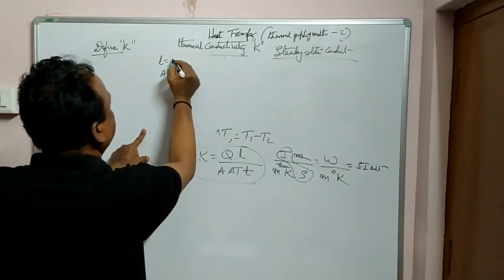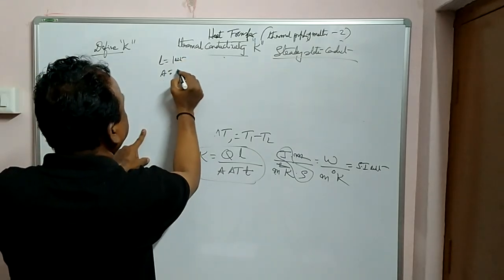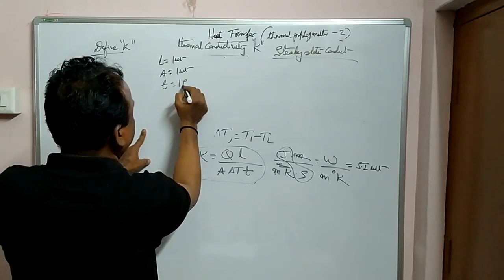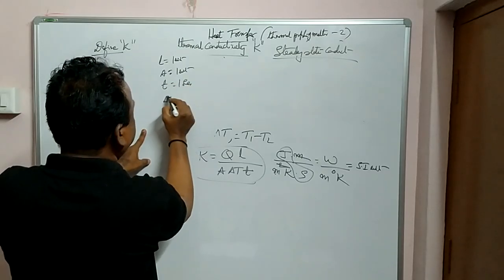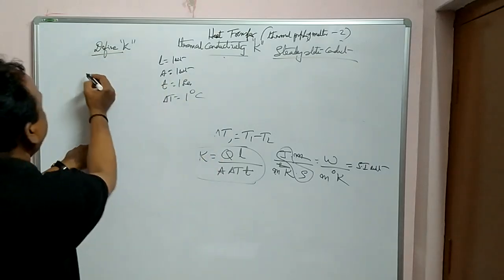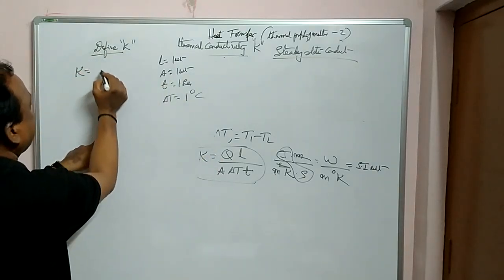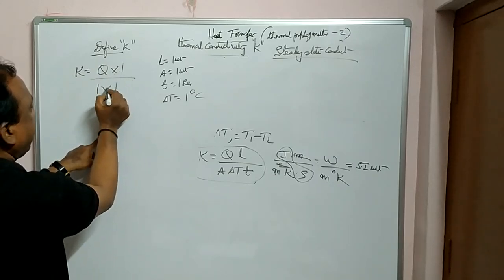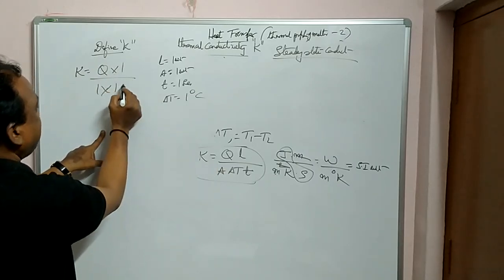If length is 1 unit, area 1 unit, time 1 second, delta T 1 degree centigrade difference, put all the values in the formula. K is equal to Q into 1 by 1 into 1, temperature difference 1 into 1 second.